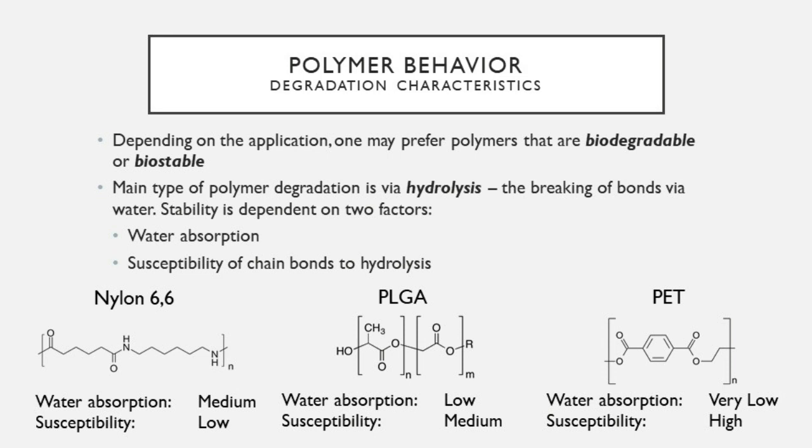So PLA could, for instance, last a few years, maybe not for load-bearing applications, whereas PGA polymers that are only made up of the more hydrophilic glycolic acid monomer would degrade very rapidly. And a lot of these components can be used in sutures or other applications where we want the polymer to degrade within a very short time frame.